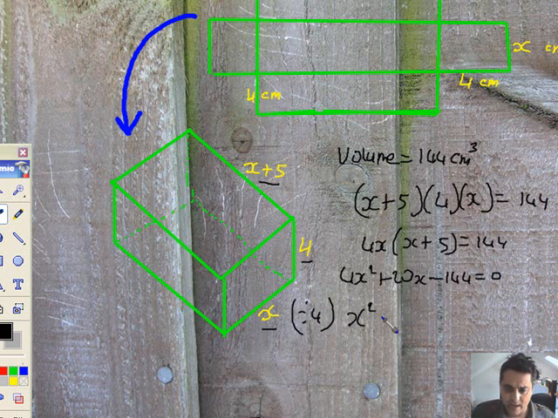Here I go. x squared plus 5x take away... well, I know 12 goes in there 3 times, so I reckon 3 fours will be, I'm not sure, let's ask the calculator. Let's divide by 4, so not being clever. 144 divided by 4 is 36. Yeah, I knew that. So that's minus 36 equals 0. And that's been reduced down to a very easy grade B quadratic.